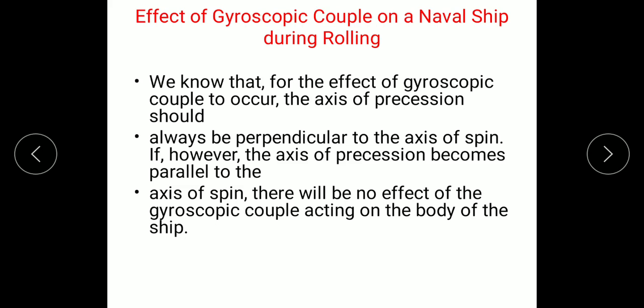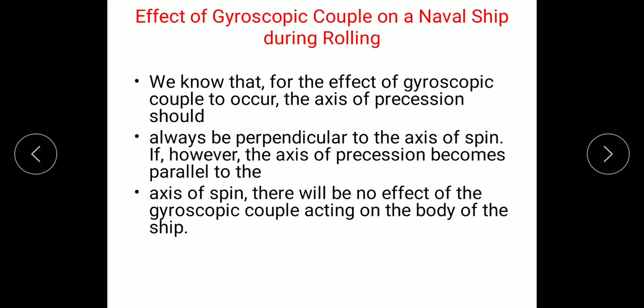Next, effect of gyroscopic couple on a naval ship during rolling. Already we know that when the axis of precession is perpendicular to the axis of spin, then only we have a gyroscopic effect.